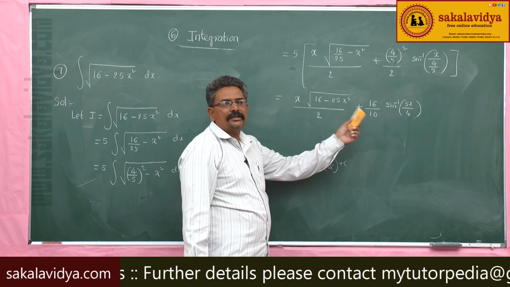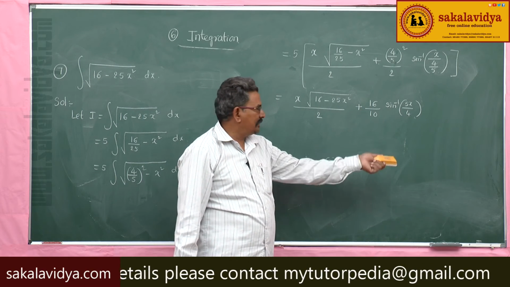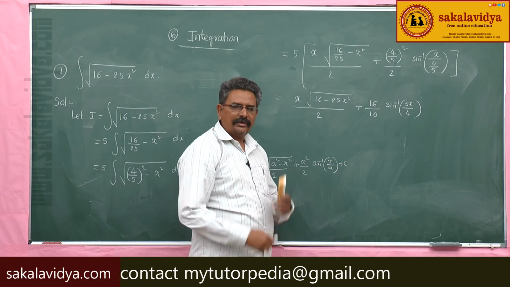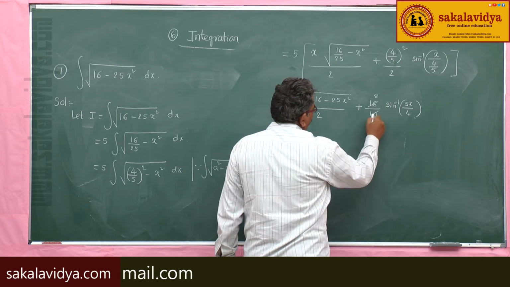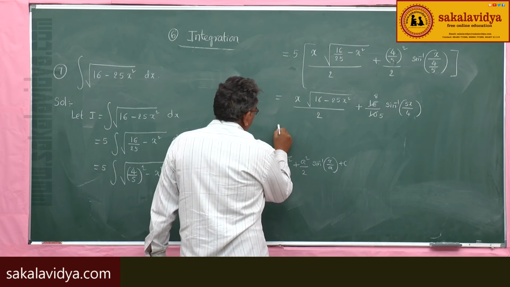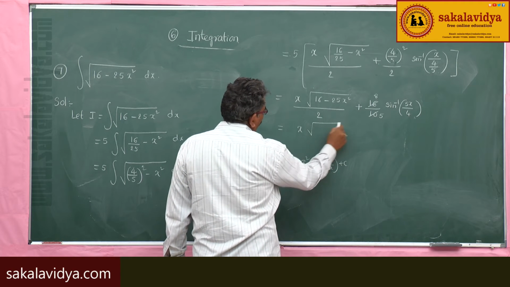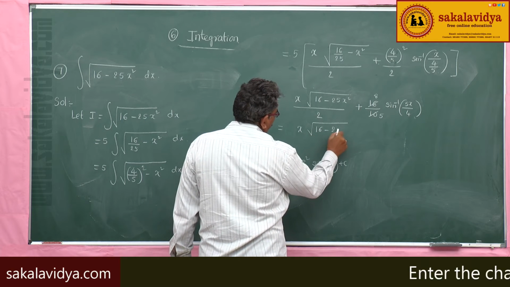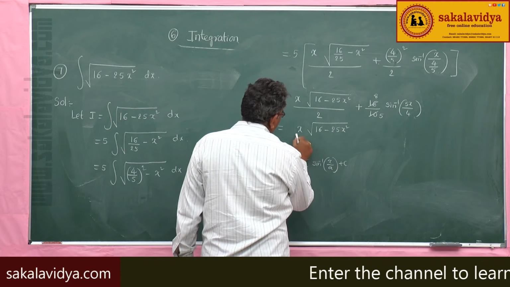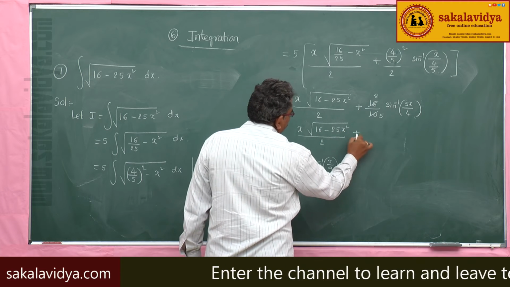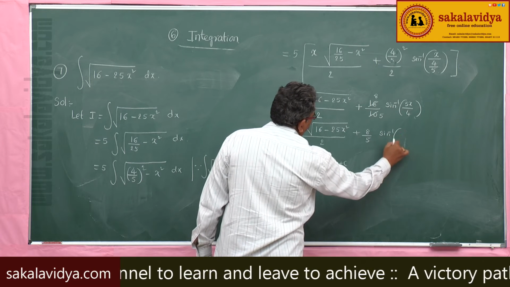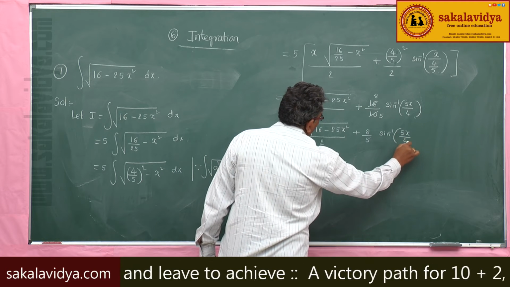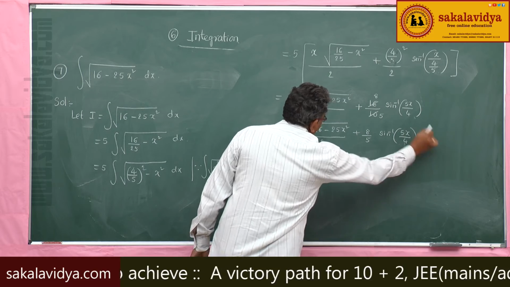Now, 16 by 10 we can simplify further. So, this is equal to x root of 16 minus 25x square by 2 plus 8 by 5 sin inverse 5x by 4 plus constant of integration.